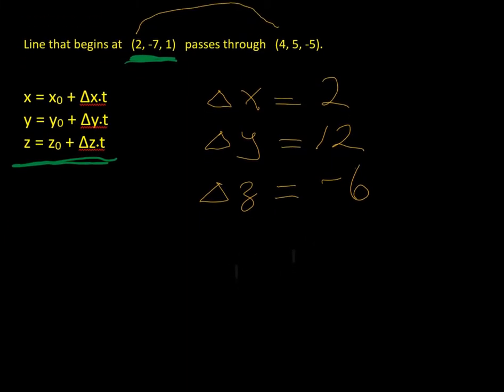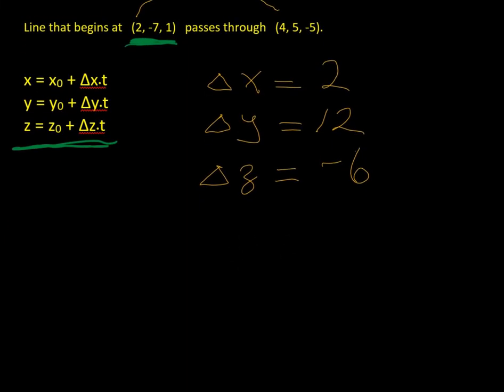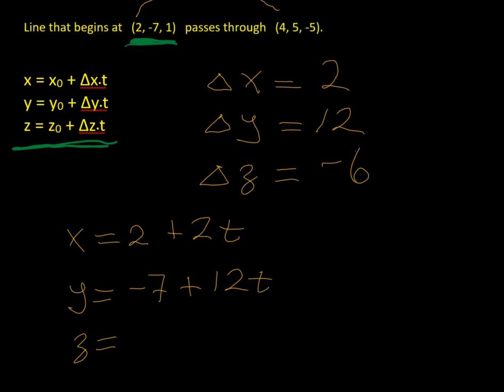If we put it into our parametric form, x begins at 2 and increases by 2 for every unit of time. y begins at -7 and increases by 12 units for every unit of time. z begins at 1 and decreases by 6 for every unit of time.